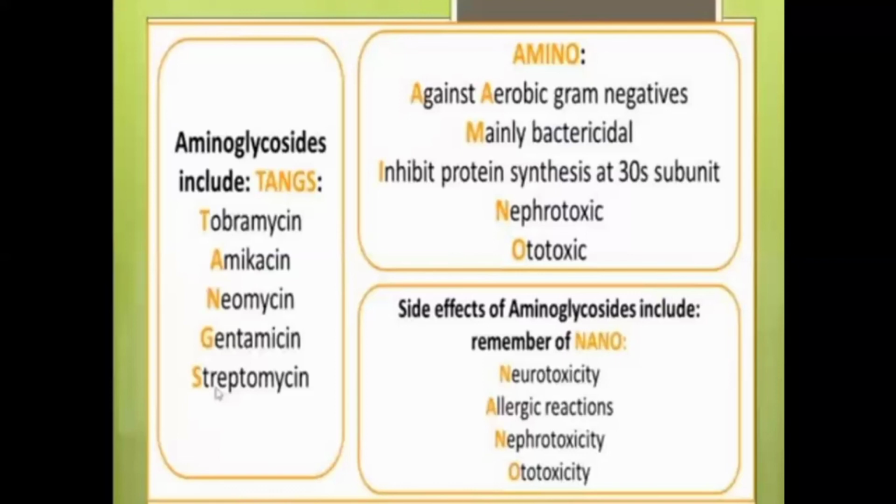On the other side, we have the aminoglycosides. It means that aminoglycoside is composed of two parts, the amino side and the glycoside side. The amino part is against aerobic gram-negative bacteria and is mainly bactericidal. Side effects of aminoglycosides include neurotoxicity, allergic reactions, nephrotoxicity, and ototoxicity.